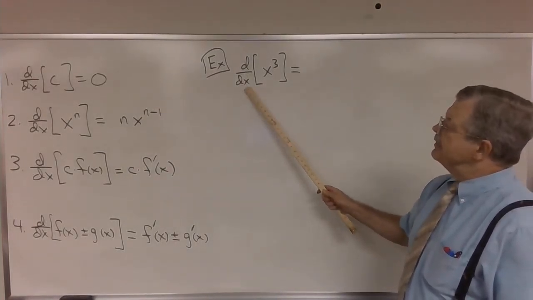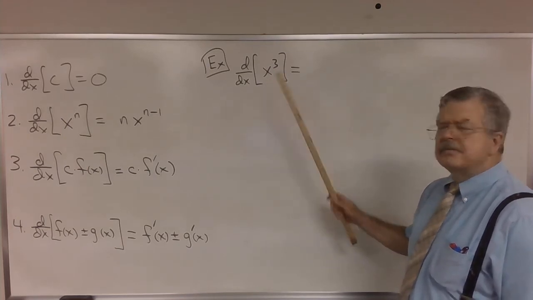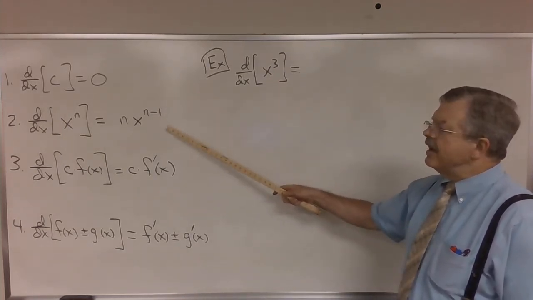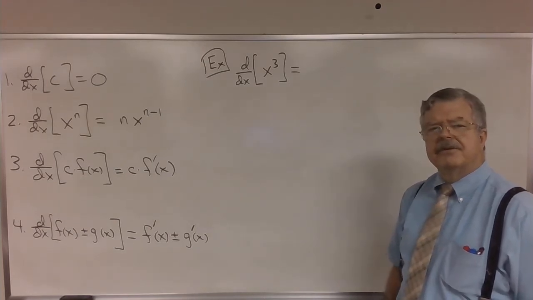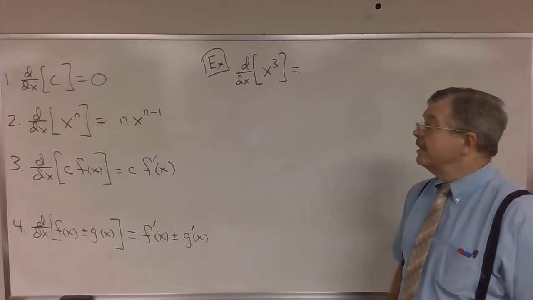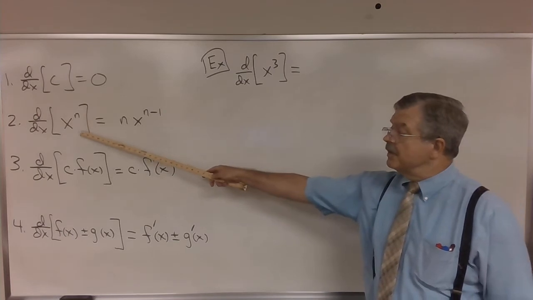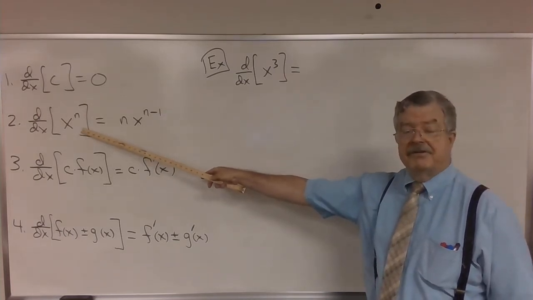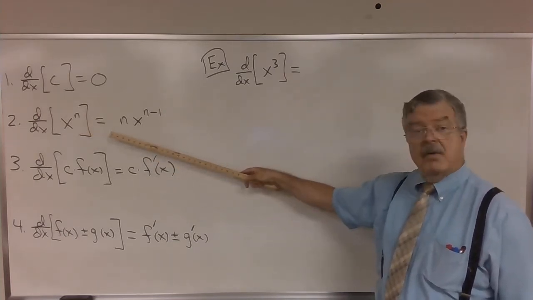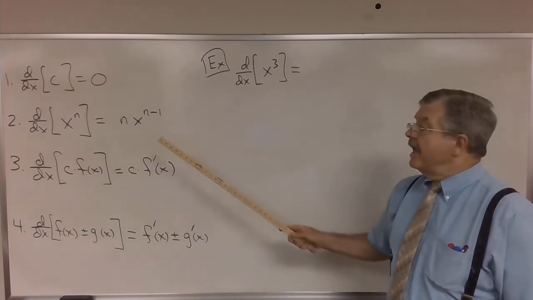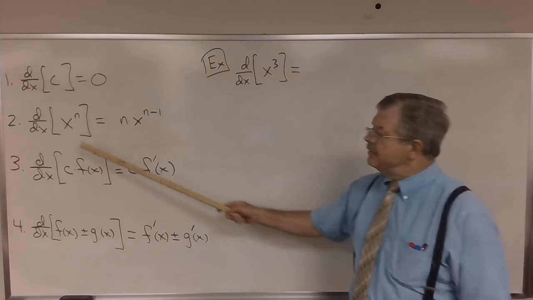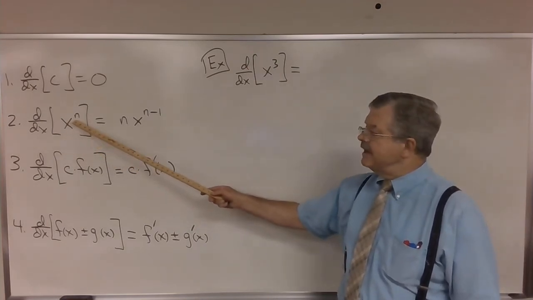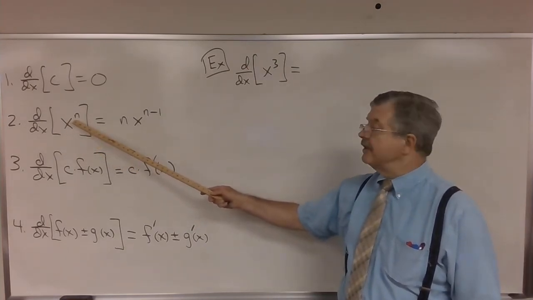Now we're computing the derivative of x cubed. So which of the properties over here do you think we should use? Probably this one where we're computing the derivative of x to the n, right? The power rule. And the power rule tells us that when we compute the derivative of x to the n, it's a two-step process.